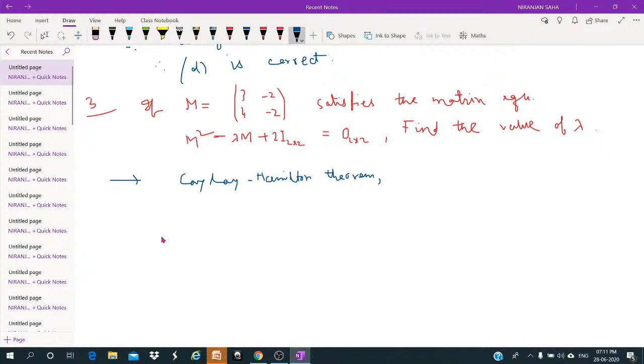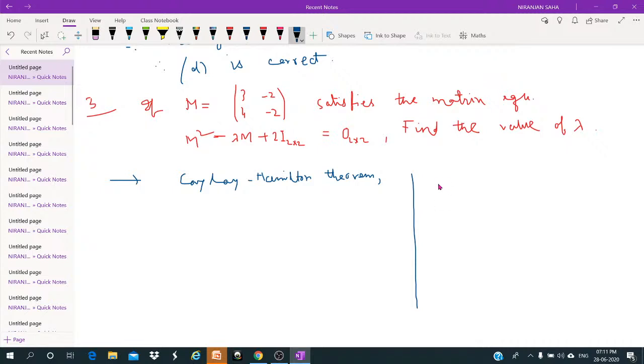So by Cayley-Hamilton theorem, we need to find out the characteristic equation of it. Its characteristic equation can be found out if we find out the eigenvalue of it.